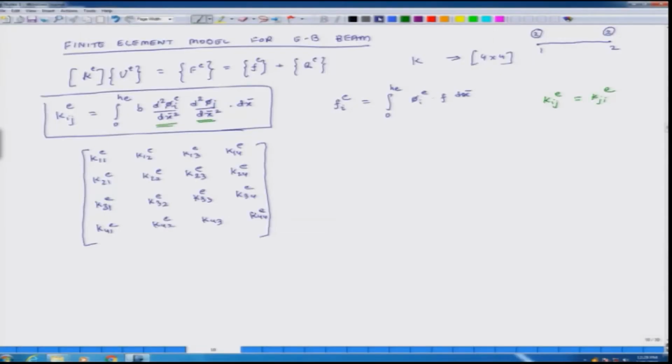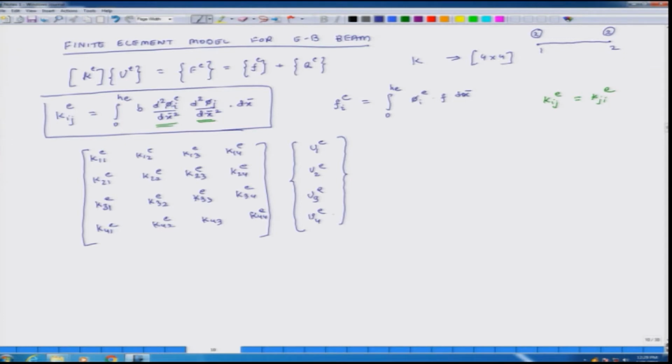So, this matrix is multiplied by a generalized displacement vector which are u1, u2, u3 and u4.